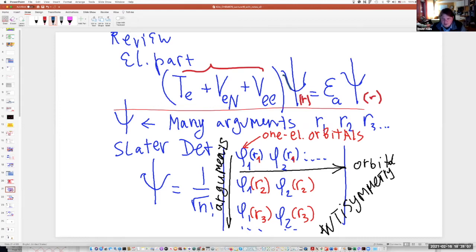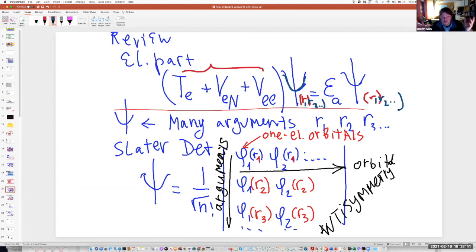The wave function typically depends on several positions of several electrons, R1, R2, and so forth. And we do want to have a protocol for how to build many-electron functions out of one-electron wave functions. Why do we need it? Because it is the only thing we can do.